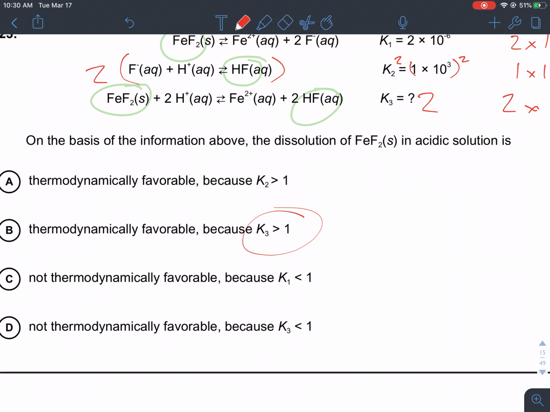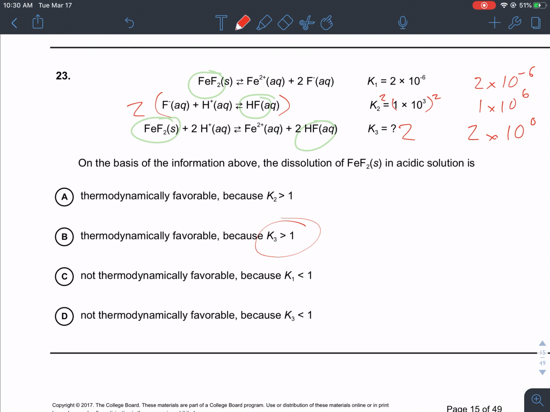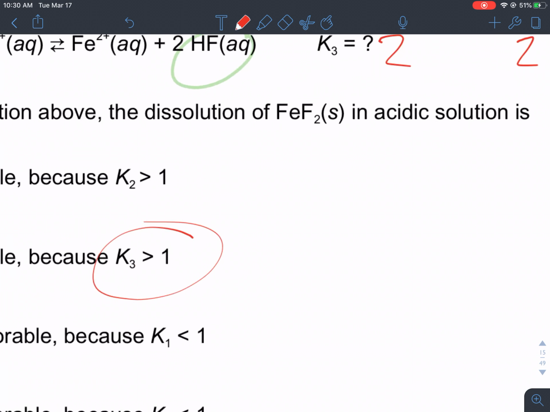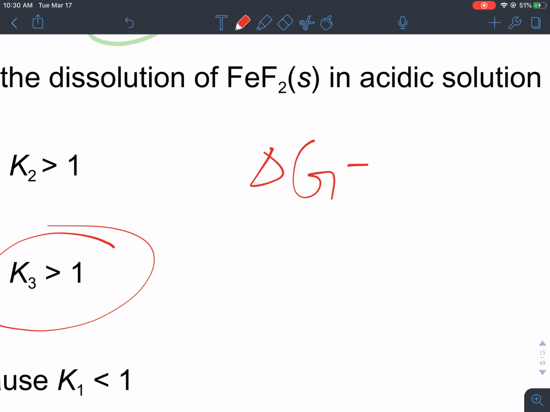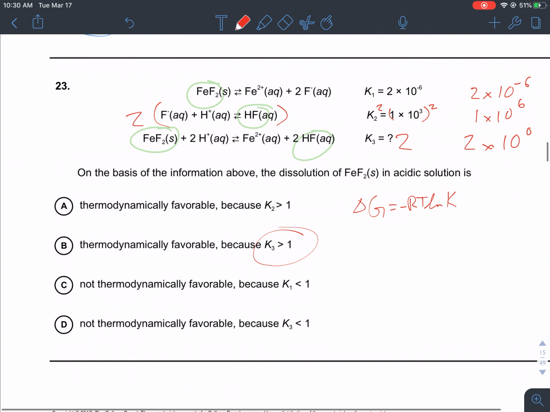So here's the answer. On the basis of the information above, the dissolution of Fe2 in acidic solution is thermodynamically favorable. The delta G is negative because the K is greater than 1. Remember, this is referencing delta G is equal to negative RT ln K. So it doesn't matter that your K is 2.